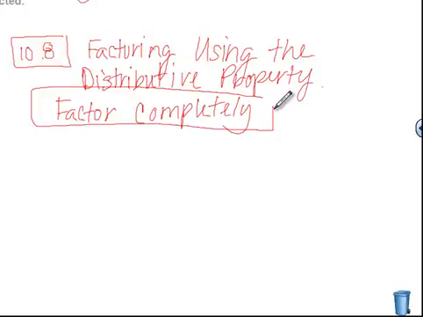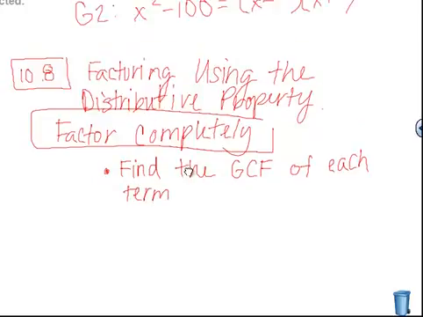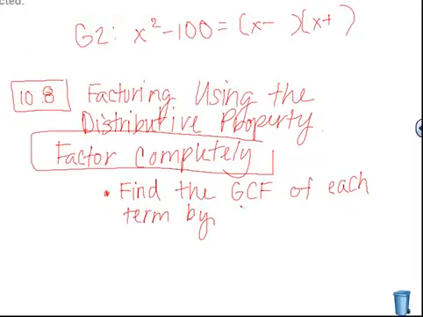Okay, so one thing that you're going to have to be doing here is the first step for these, if it ever says factor completely, this is where we find the GCF, the greatest common factor, of each term in your polynomial by factor trees.